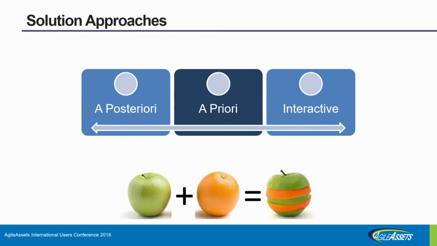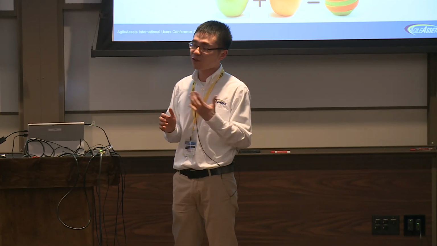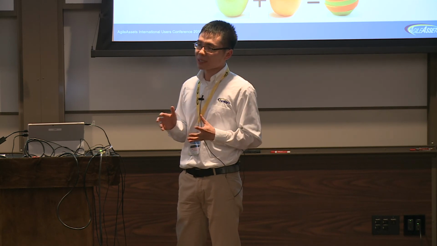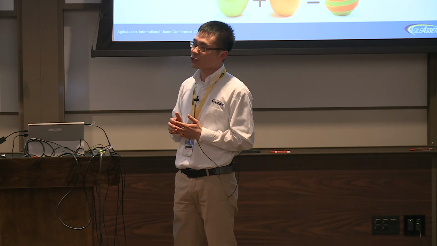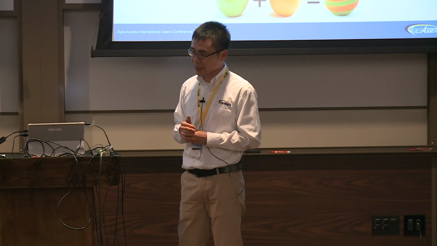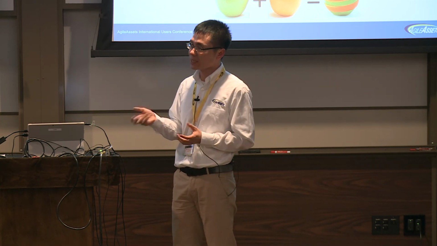So there are several ways to take the agency's preference into consideration and make the decision implementable. The first one is the posteriori method. In this method, we calculate all the possible efficient frontiers beforehand, and after we have all the results, we apply the agency's preference to all the efficient frontiers and pick the best one.